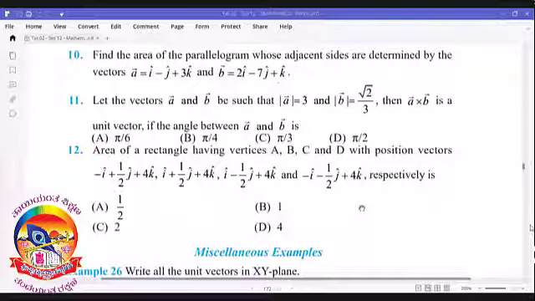I hope you got this. I think you should get 15 root 2. 15 root 2. Observe that one.